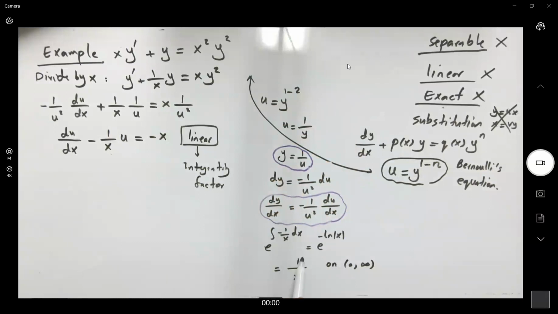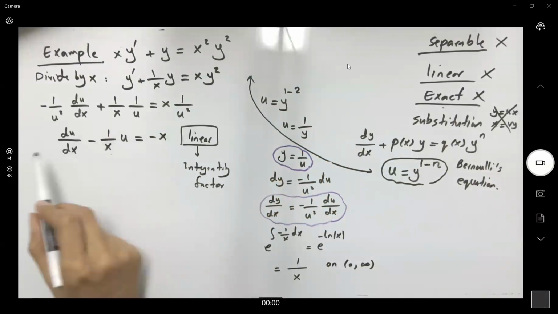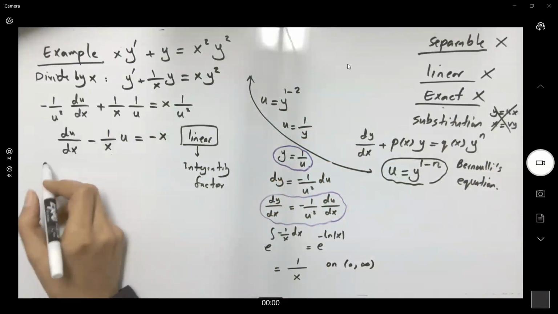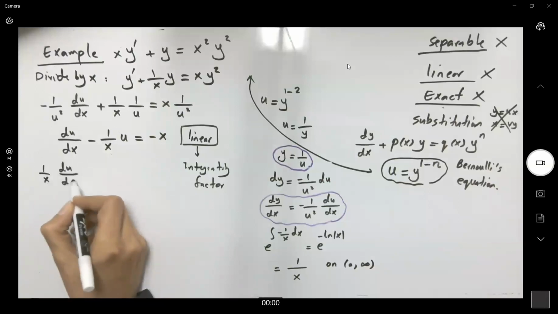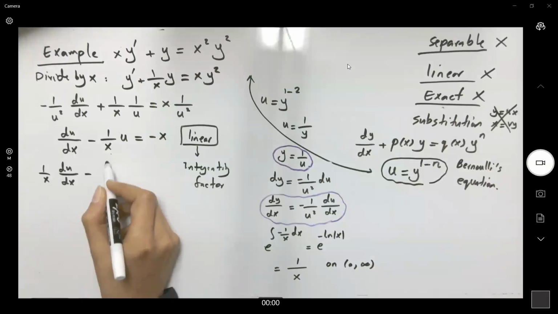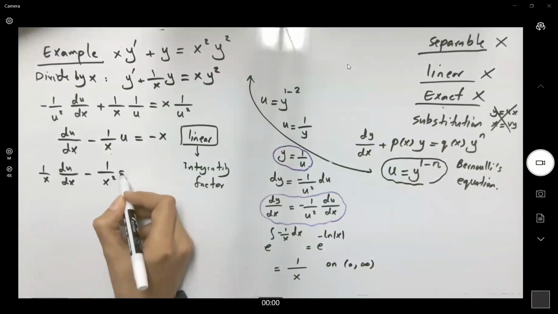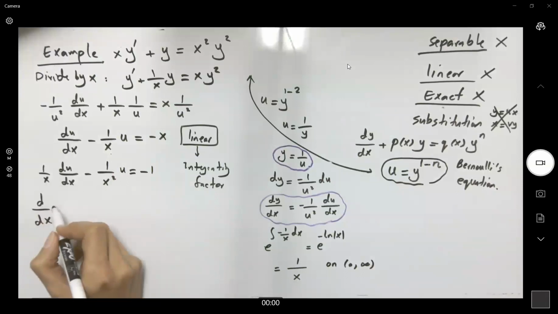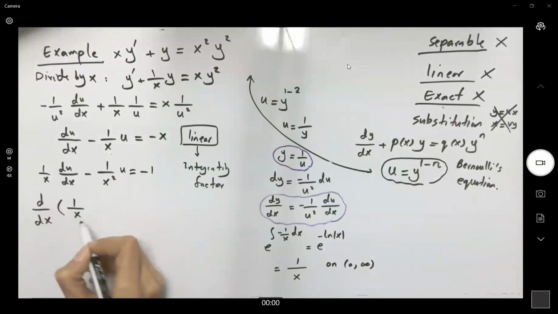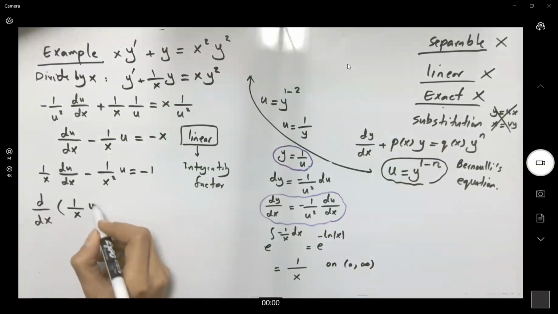So now you multiply everything by the integrating factor, which becomes 1 over x du/dx minus 1 over x squared u equals negative 1. Well, on the left-hand side, we have the expanded form of the product rule between the integrating factor and u.